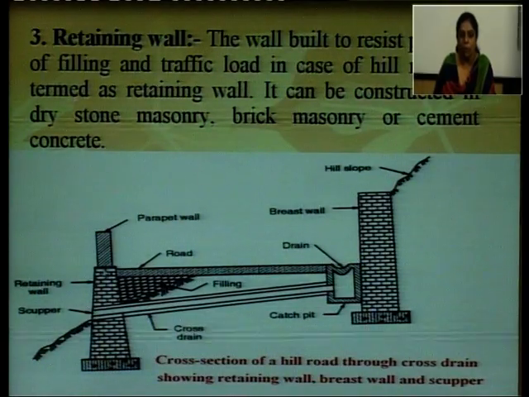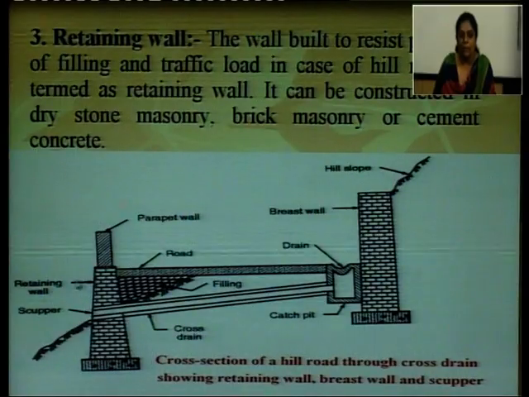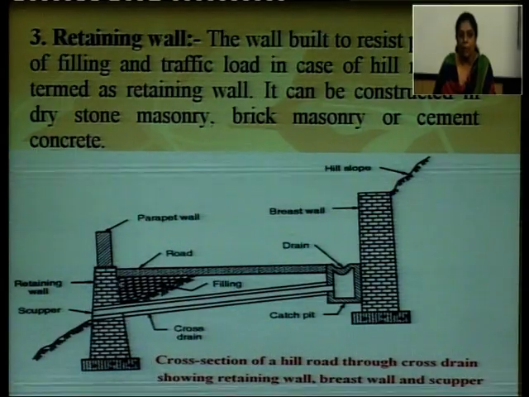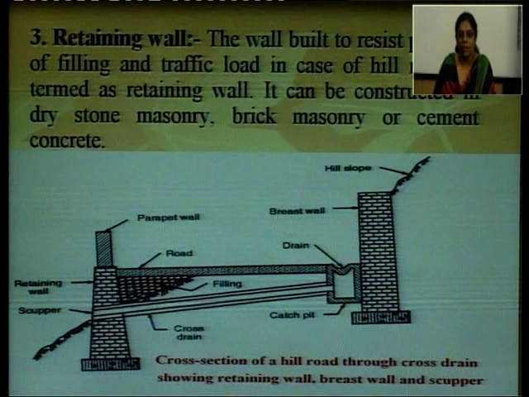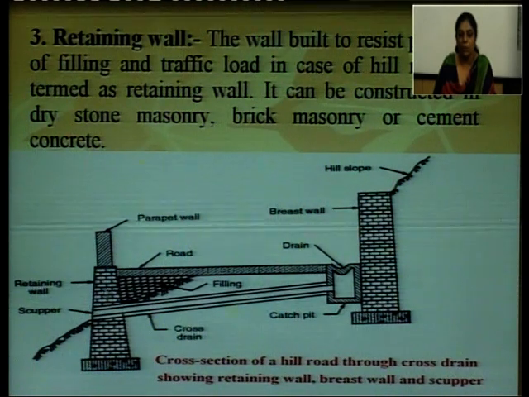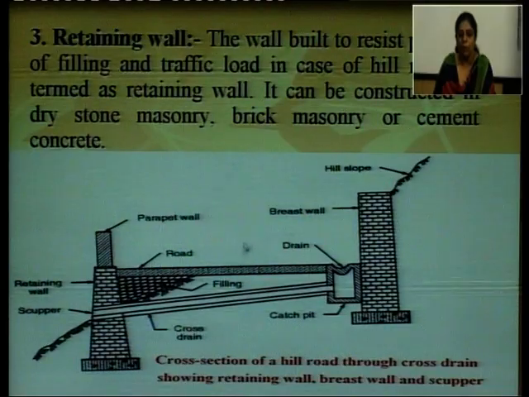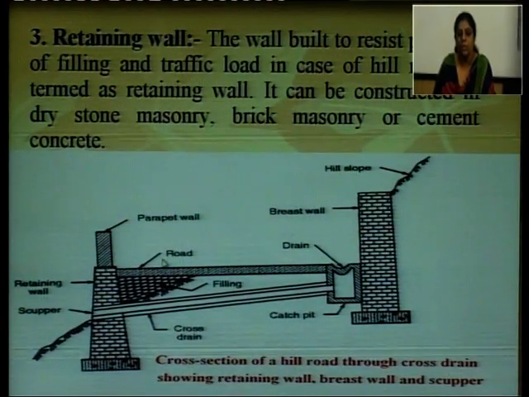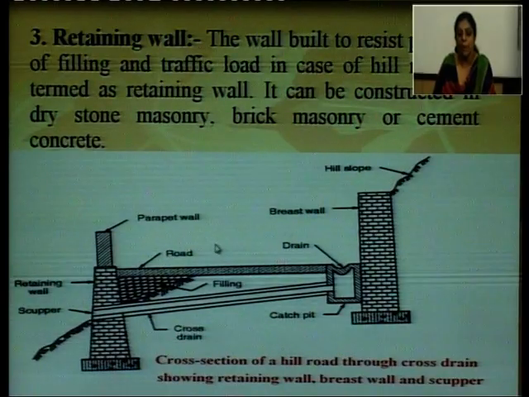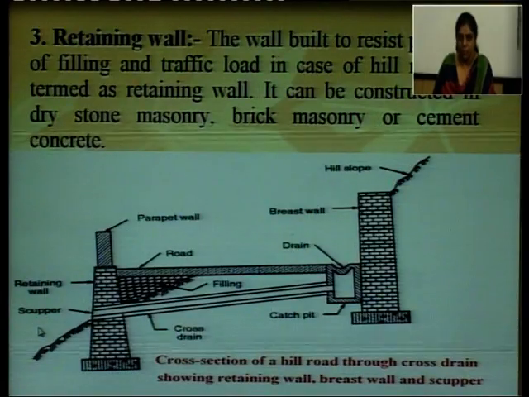This wall is built to protect this filling. This filling is protected through this wall, and also when there is traffic load on the surface of this road, due to this traffic load, this filling can go down the slope.